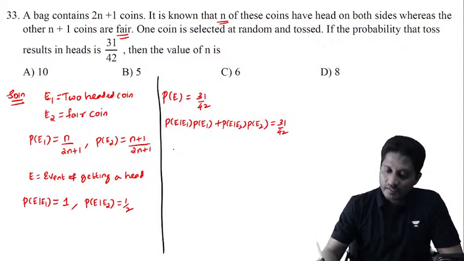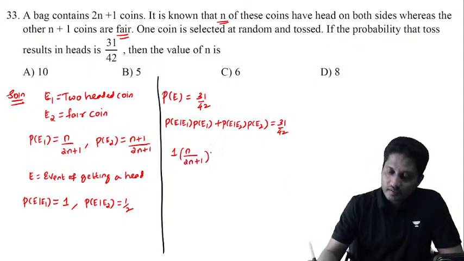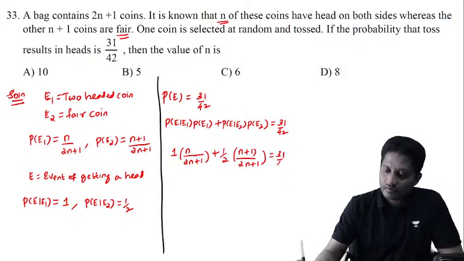Probability of E given E1 is 1. P of E1 is n divided by 2n plus 1. Probability of E given E2 is 1/2, and P of E2 is n plus 1 divided by 2n plus 1, equal to 31/42.